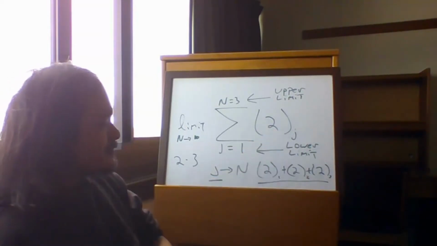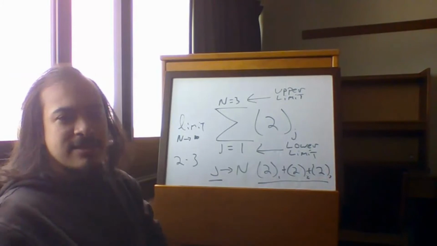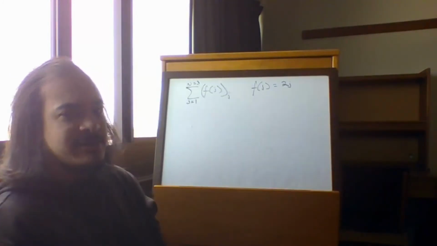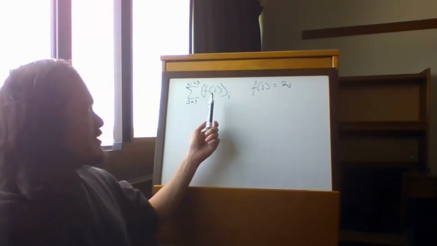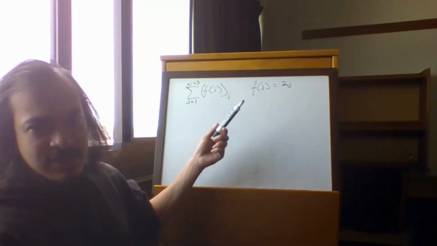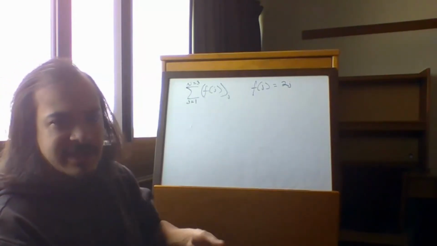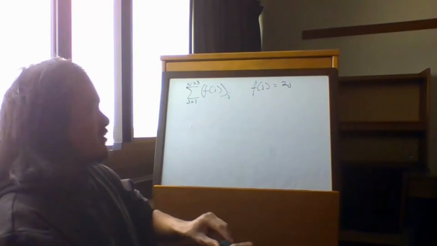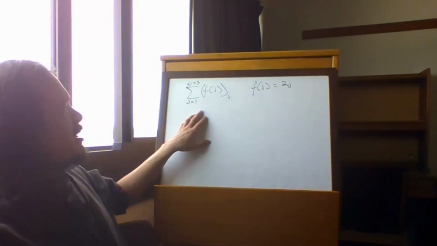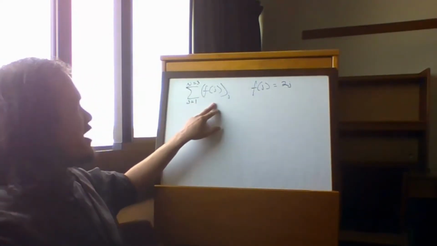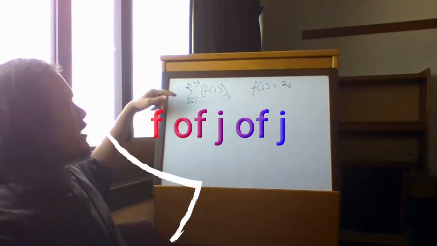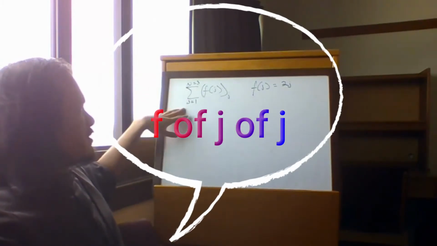Let's give a quick example actually. I'm using j here so we can see what happens as we increment. What this reads is the sum of f of j where n equals 3 and j equals 1.